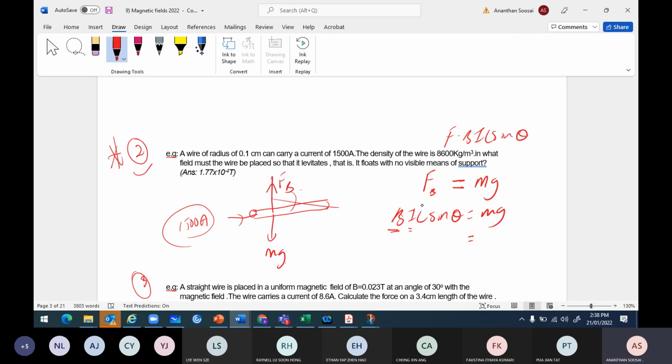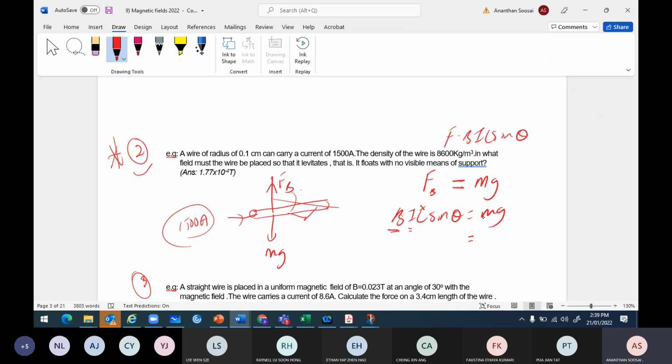L not provided. Theta: because they never mention anything about theta, we assume the field and the wire are perpendicular. Normally, if they never mention the angle between the magnetic field and the wire, we assume it's 90 degrees, so sine theta becomes 1.